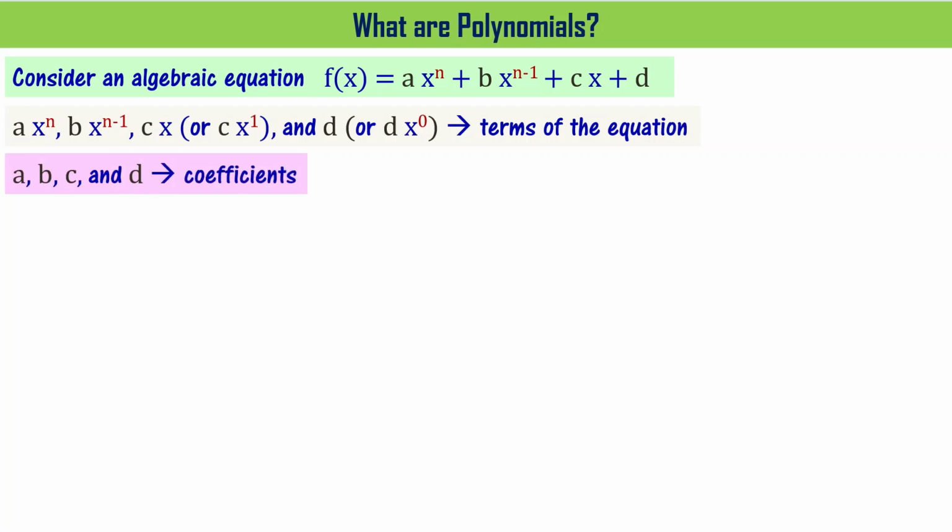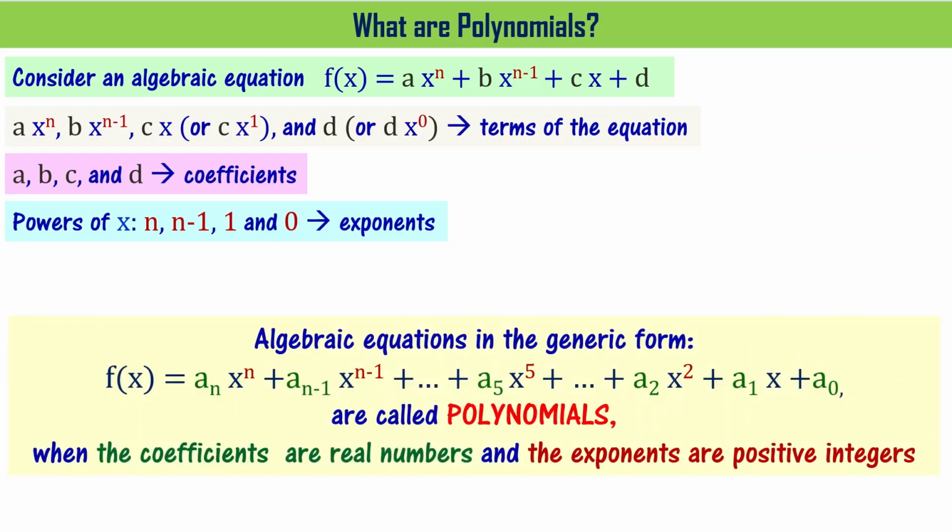A, B, C, and D are called coefficients of the equation. The powers of x that are n, n minus 1, 1, and 0 are called exponents. Please take a note of this.